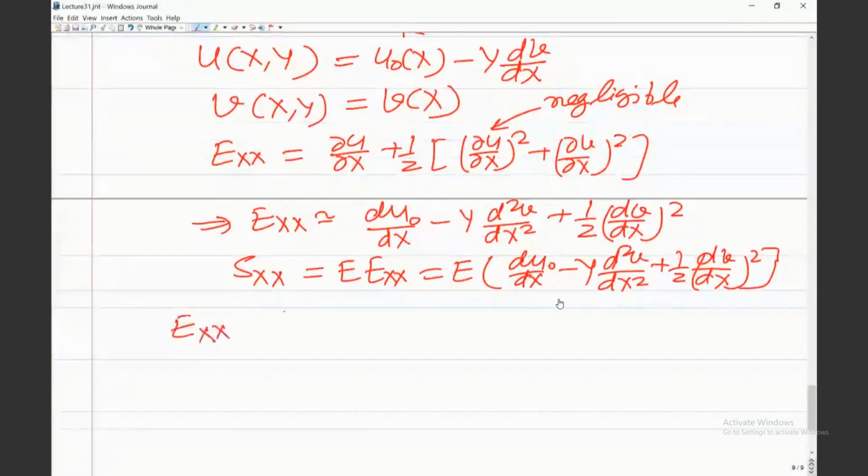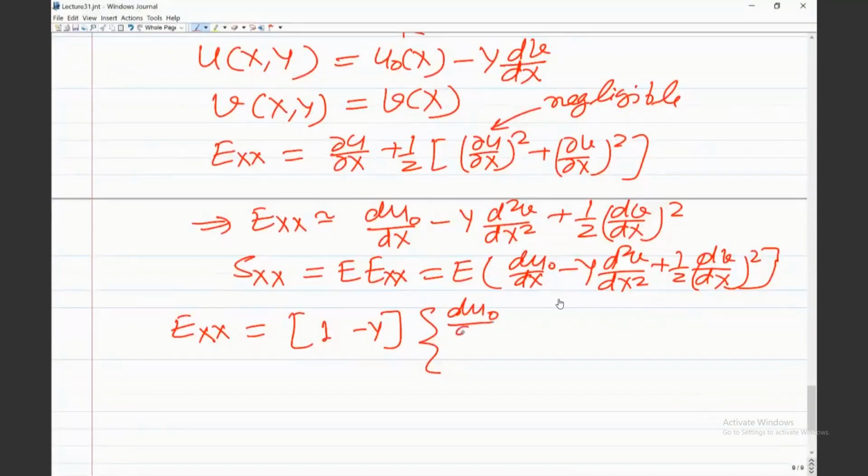So Exx, I want to separate out the cross-sectional coordinates. So you can write it as 1 and minus y as a row vector, and then you have a column which is involving this du naught by dx plus half of dv by dx square, which are the terms multiplying with unity. We sometimes call that a membrane strain.